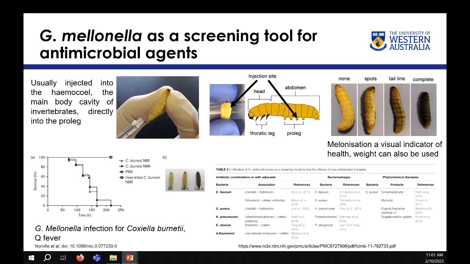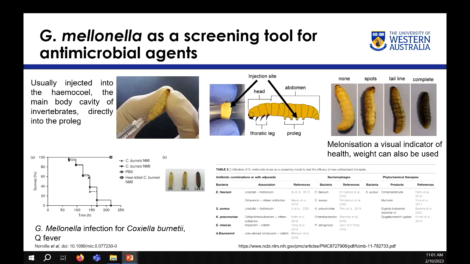Anyway, some of my collaborators, so Izzy here, she works at DSTL, she was my PhD student. She actually looked at Coxiella burnetii in the Galeria model. And here you can see that the groups that were given PBS, that's a control, just PBS buffer, and heat-killed bacteria, survive.